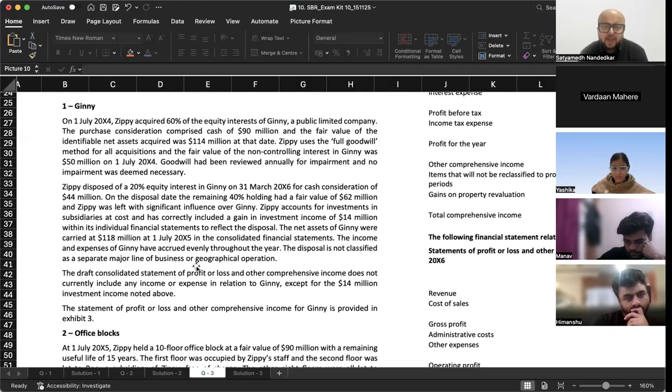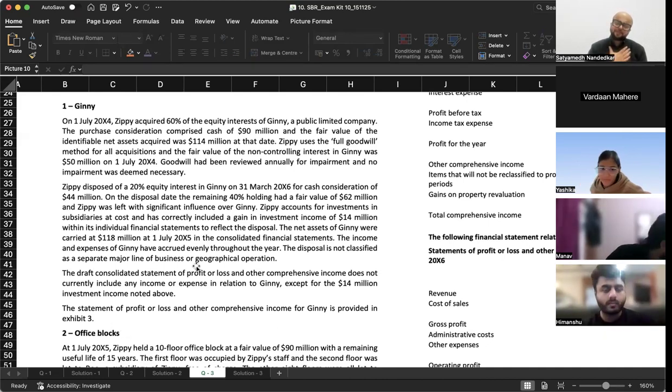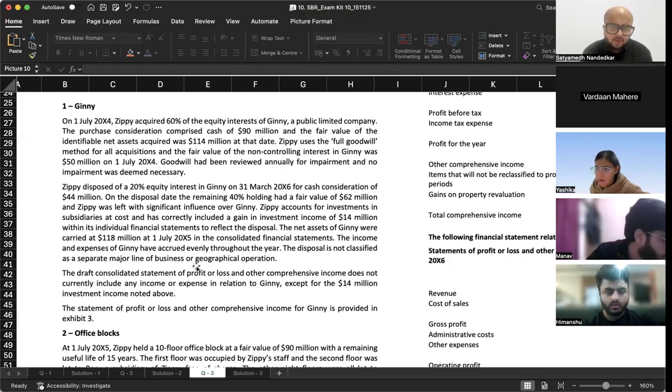Goodwill had been reviewed annually for impairment and no impairment was deemed necessary. From the first paragraph, can you calculate the goodwill on acquisition? Yes, sir. Tell me. 90 plus 50, 140, 140 minus 114. So 26 million is the goodwill.